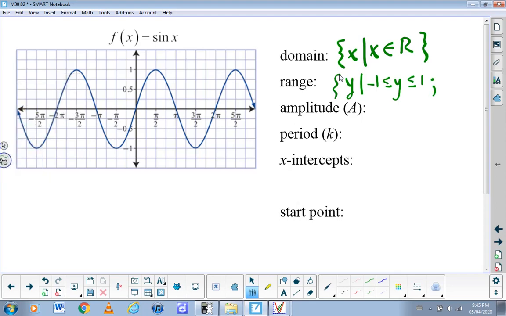And by the way, we can also say regardless, y must be a real number. That's a lot of dressing on that. What we're saying is y is between or equal to -1 and 1.